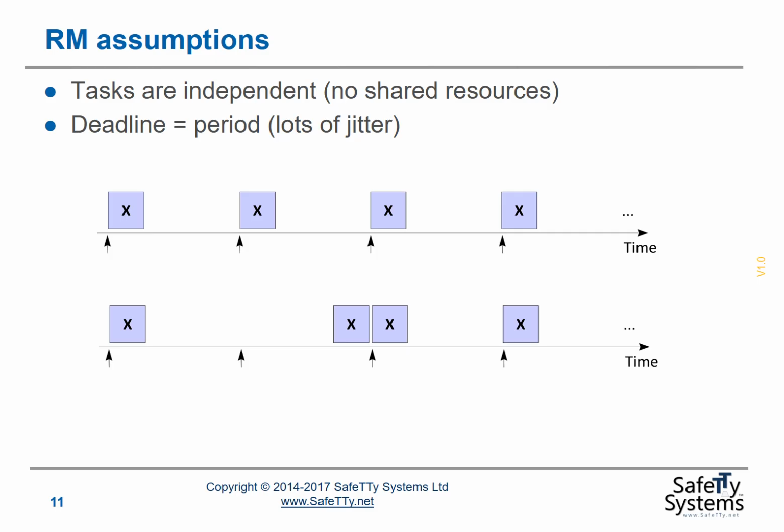Here we're talking about jitter that's in the region of 100% in the release times. Many people who use an RTOS are not necessarily aware of the underlying assumptions that are there when you use an RM analysis model with your task set.